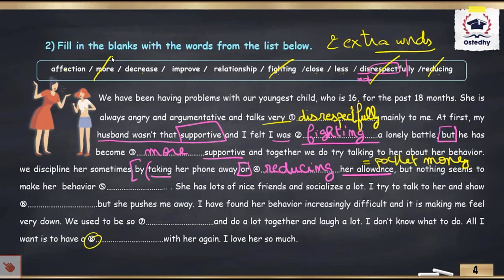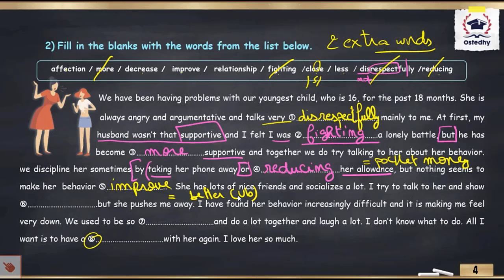I think close? No, that's not a verb. That's an adjective. Here it means make her behavior how? Decrease? No. Make her behavior? Improve. Yes. That's a verb.